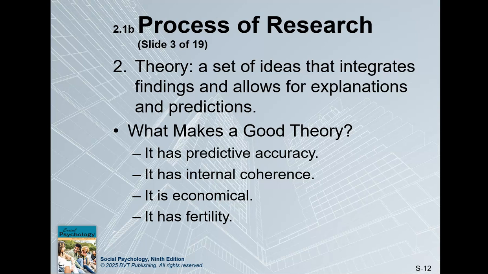According to this textbook, what makes a good theory? It has predictive accuracy. It has internal coherence. Number 3, it says it's economical. And at the bottom, it has fertility.